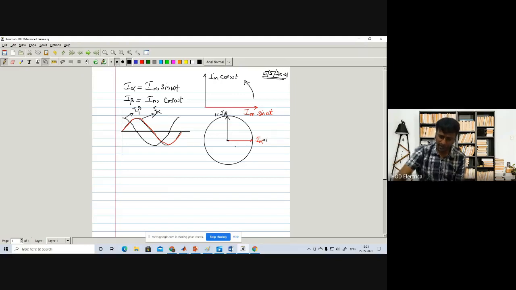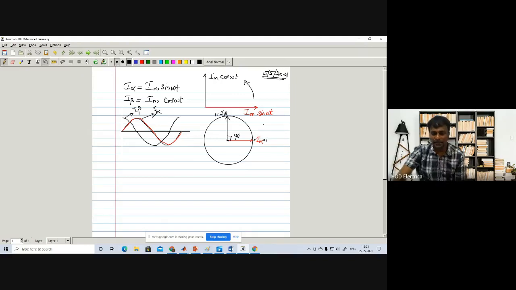Now assume this is one circular ground where two cars are moving. One car is at 0 here and 90 there, moving like that. Another car is leading at an angle of 90 degrees and is also moving. Assume the two cars are I alpha and I beta.